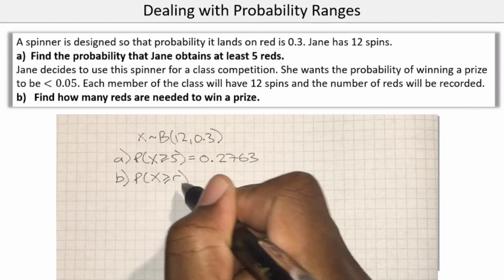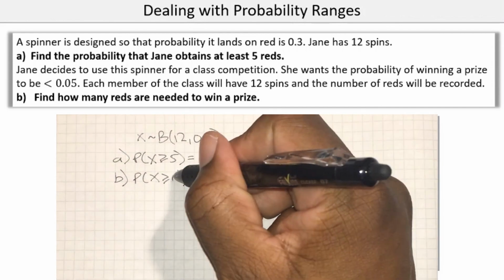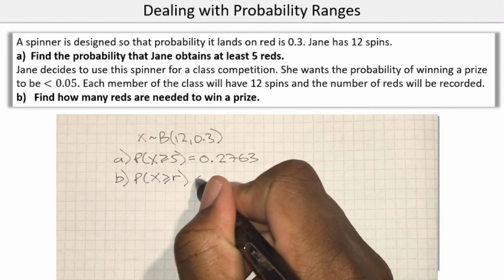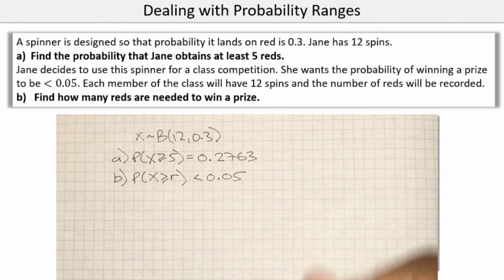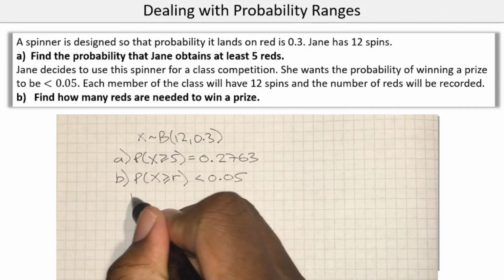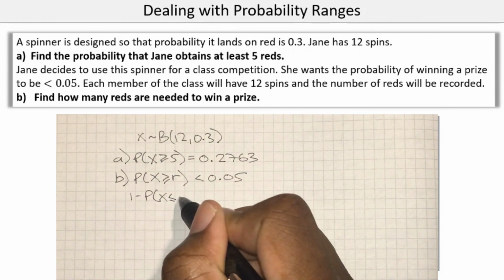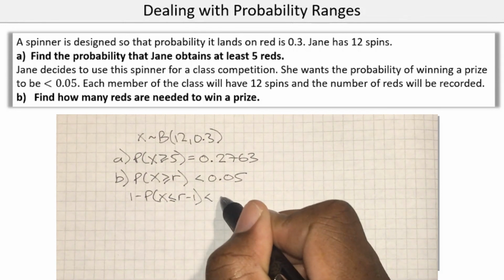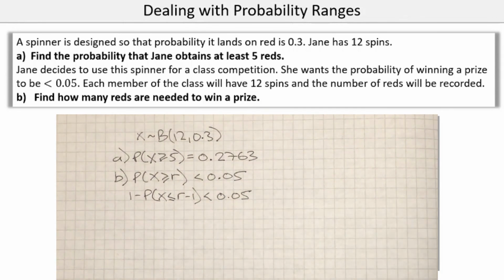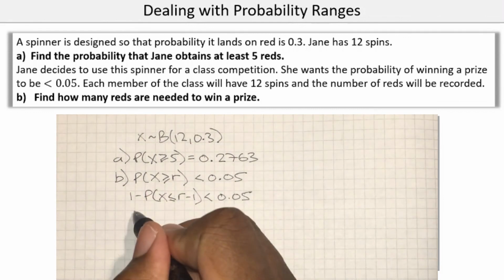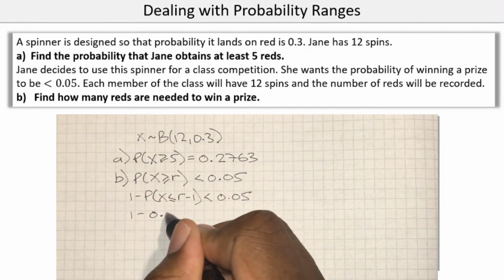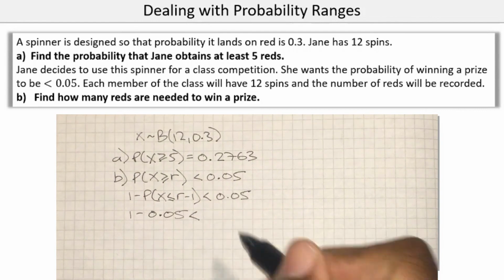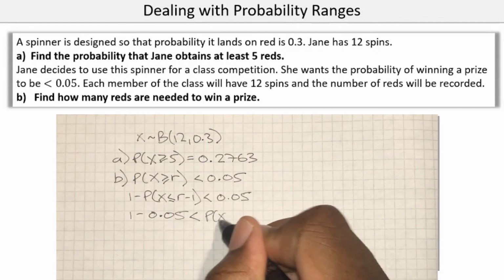Let's write that probability statement. Since we know that 1 minus the probability that x is less than or equal to r minus 1 is equivalent to x being greater than or equal to r, we can rewrite that, and we're going to try and make the less than probability the subject. So just some quick sensible rearranging.